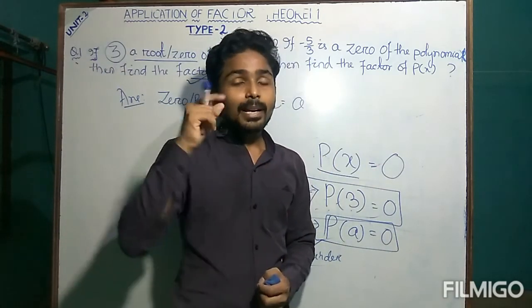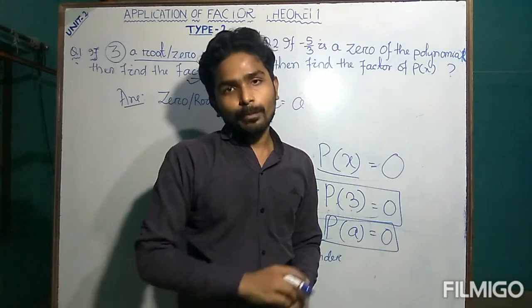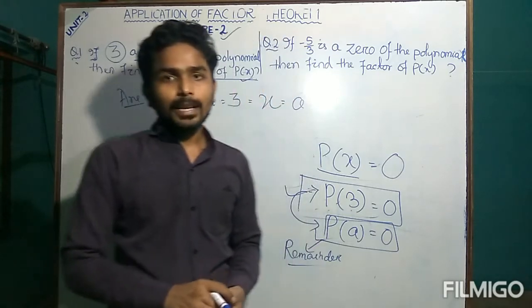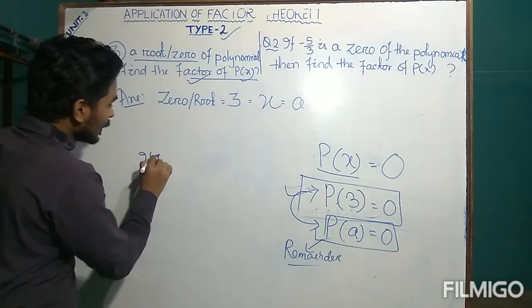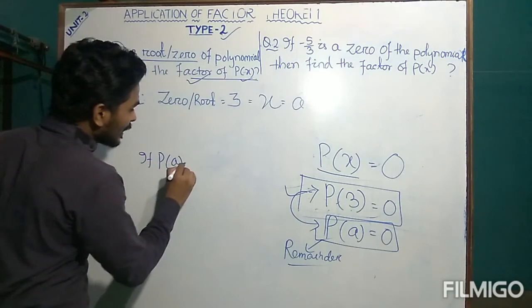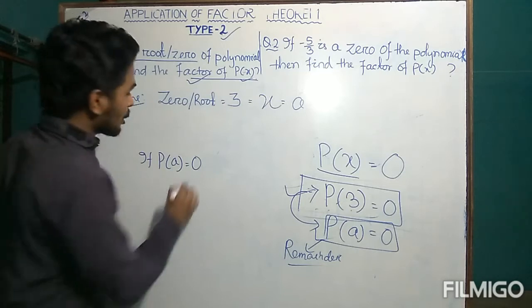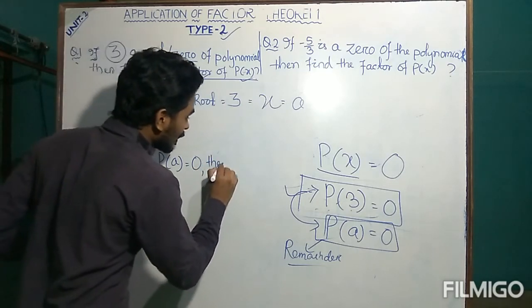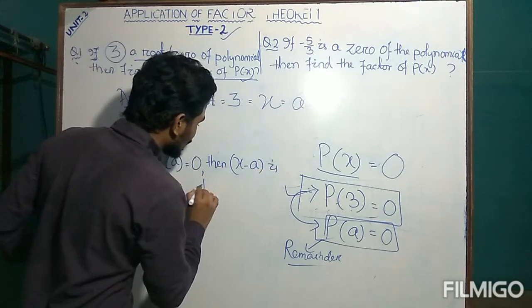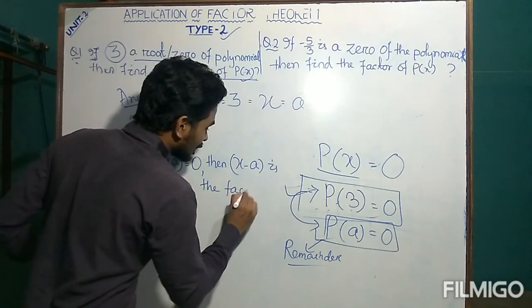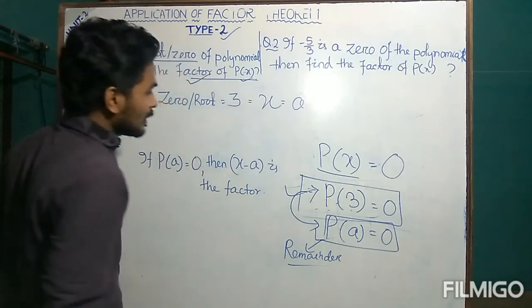Now remember statement 2 of the factor theorem. What does it say? It says if P of a is equal to 0, then x minus a is a factor. This is what the factor theorem states.